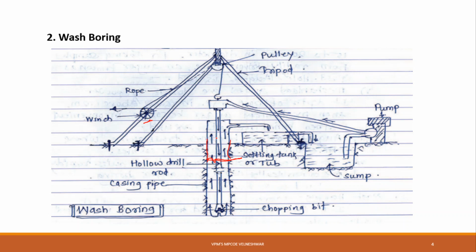Once the hole is drilled, a sampler is inserted to obtain the soil sample for lab testing. After drilling the hole, you insert the sampler, collect the soil sample, and do the lab test of that soil sample. Clear? So this is about wash boring.